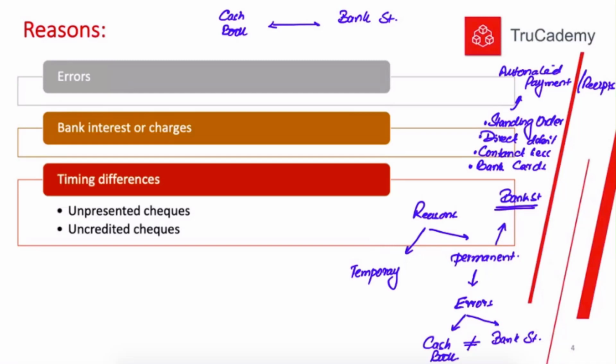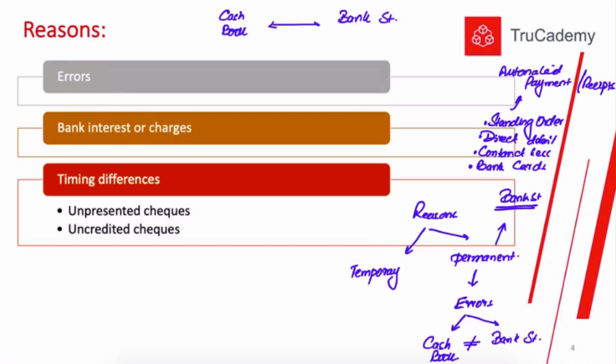So these are errors, or payments which only appear in the bank statement but not in the cash book yet. These are permanent differences. So what we need to do? We need to make corrections in the cash book. And if there's an error in the bank statement, we need to notify the bank and make the adjustment in the bank statement.